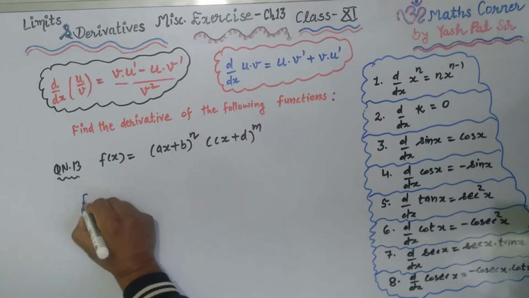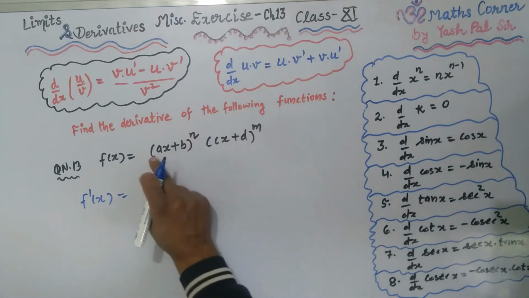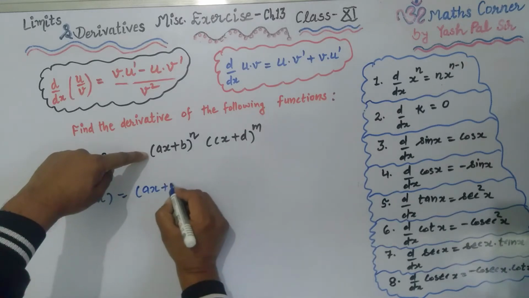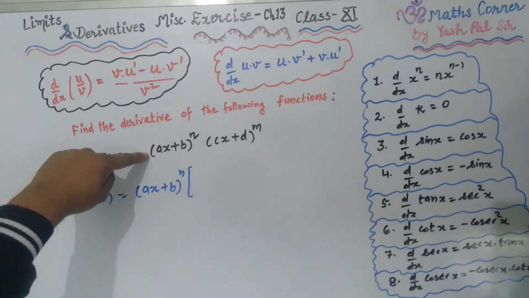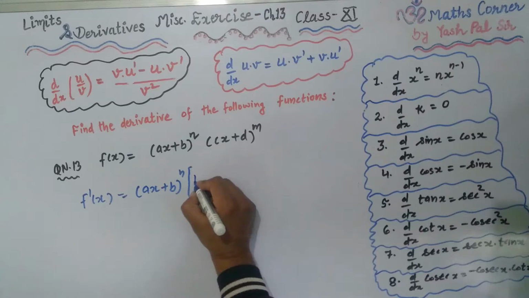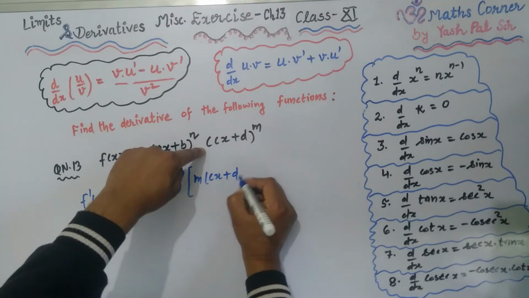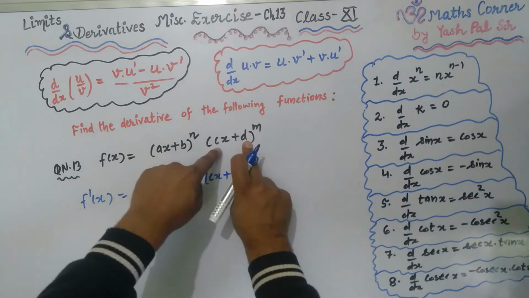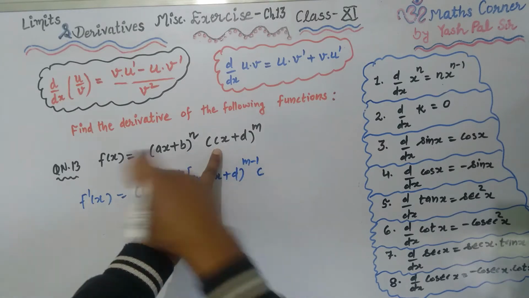So we write f dash x is equal to u, that is ax plus b whole power n, into v dash. V dash means its derivative: m into cx plus d whole power m minus 1, into derivative of cx plus d, chain rule, as was discussed in question number 12.